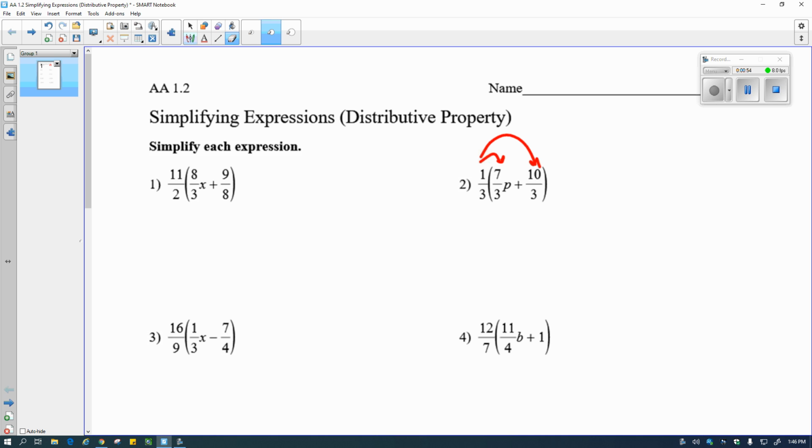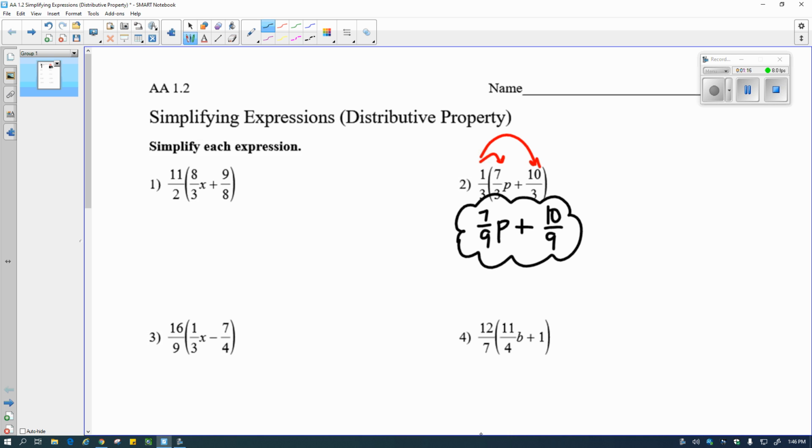So again, I'm going to distribute that through: 1/3 times 7/3, 7/9 p. I do the same thing, 1/3 times 10/3, plus 10/9. Now I cannot combine these because they're not like terms. The first term has a p, the second term does not. So this is my final answer for this problem.